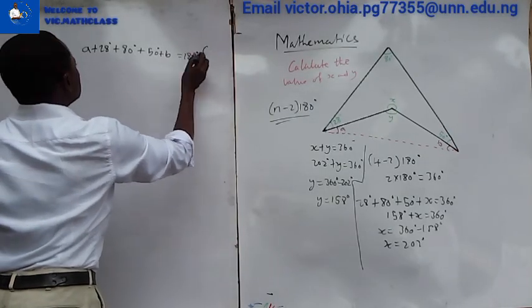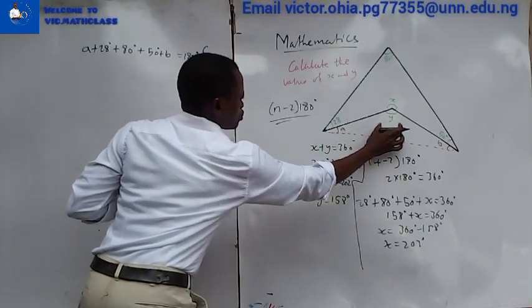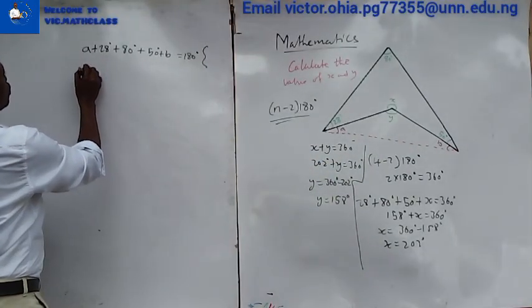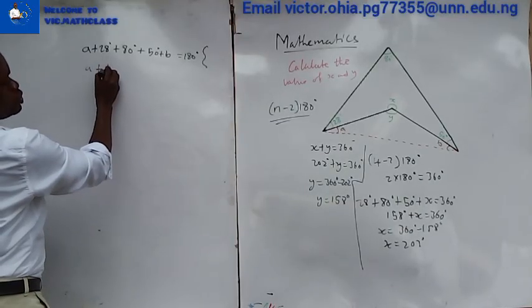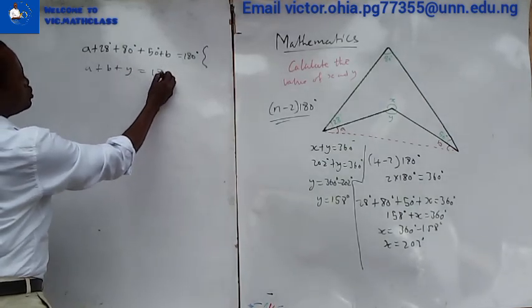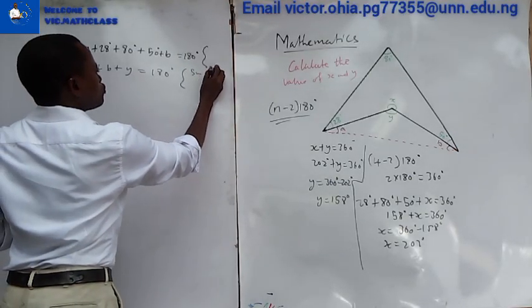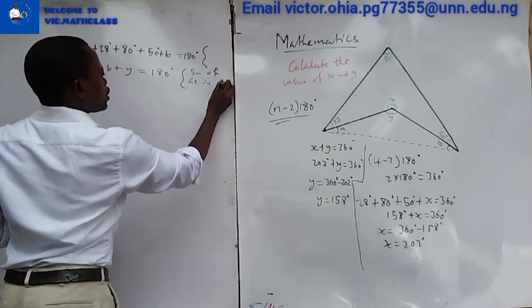Okay, then you also come back again. There is this small triangle here where you have A plus B plus y equals 180 degrees. That's again by sum of angles in a triangle.